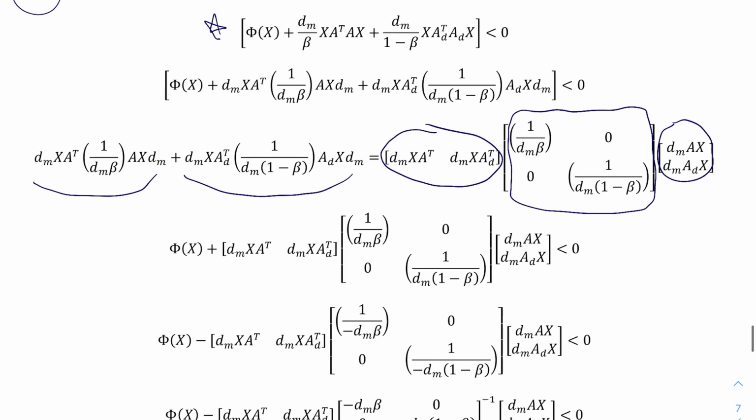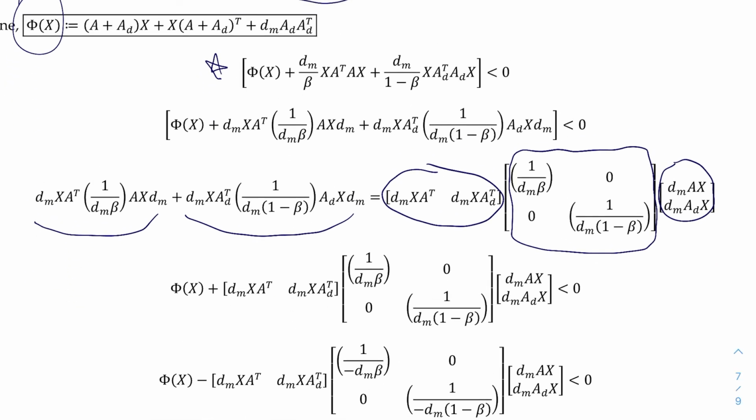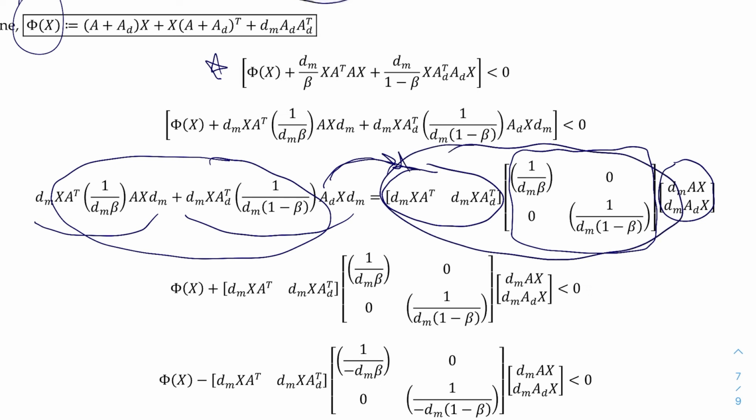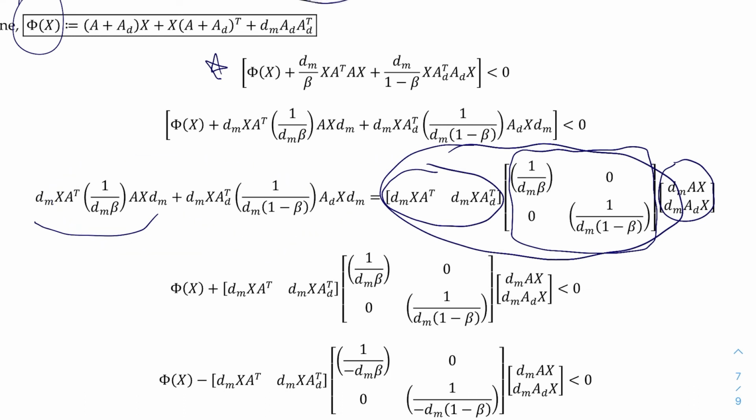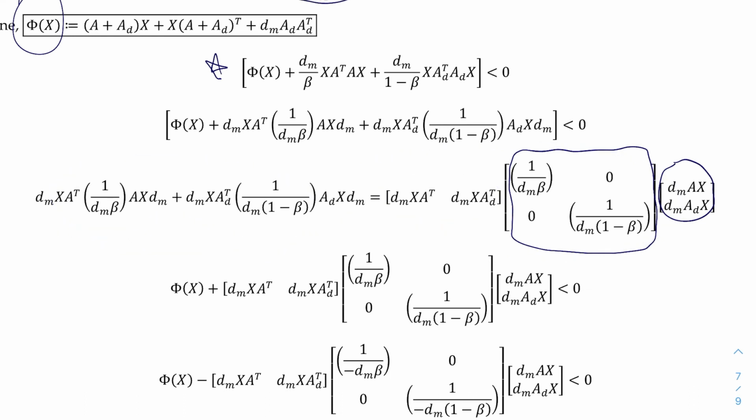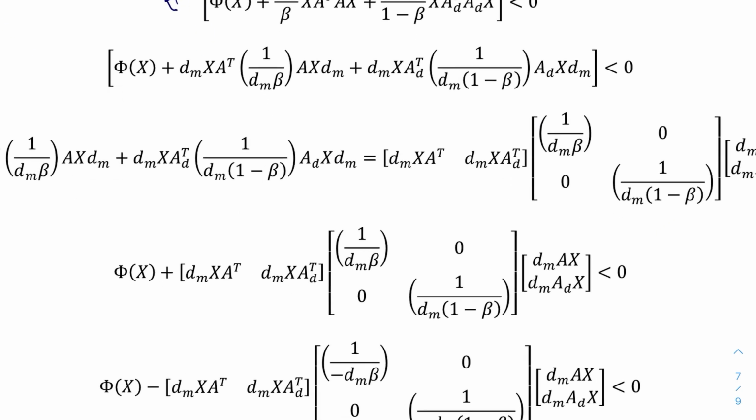For example, it doesn't take much intelligence to take that expression and put it in an x transpose A x kind of form, right? Each manipulation is really simple.